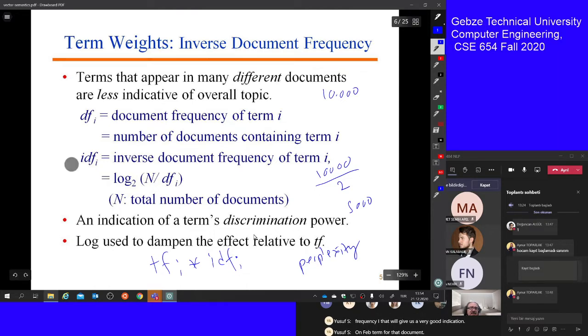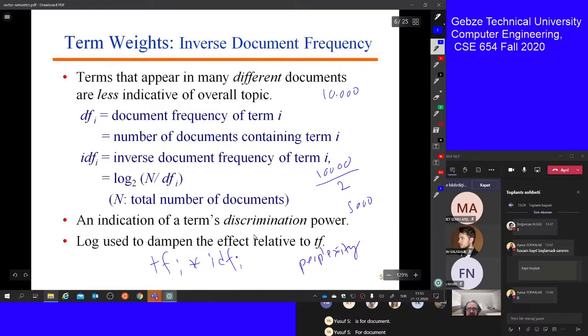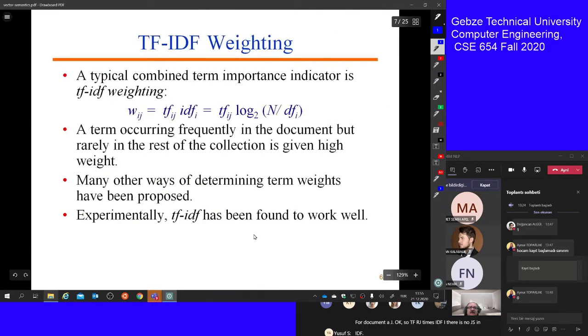IDF-I is not for a document, it is for a term. TF-IJ is the frequency of a term inside a document. That's why TF-IJ is for document J. So TF-IJ times IDF-I. There is no J in IDF.